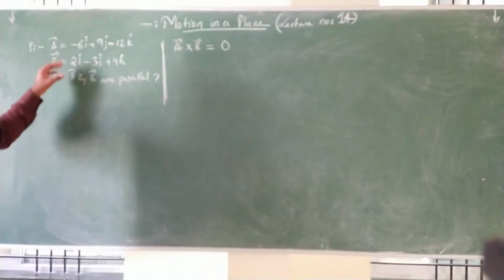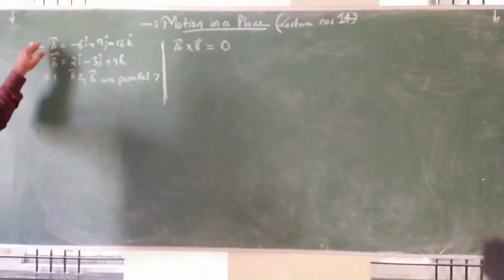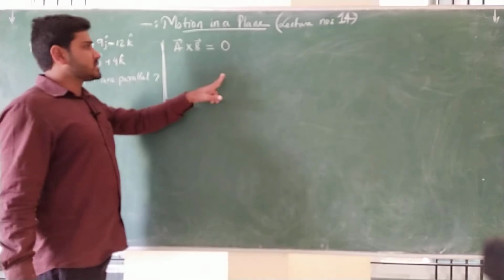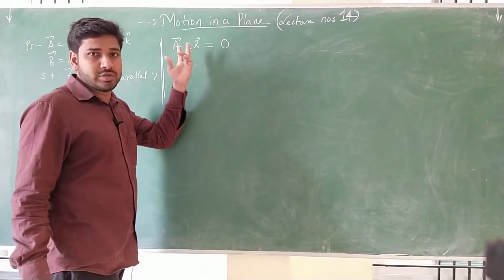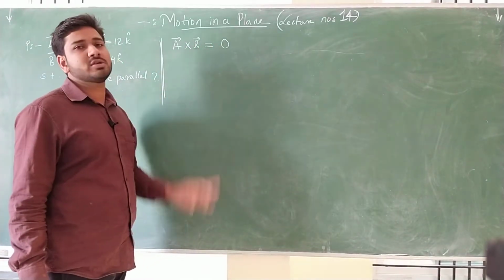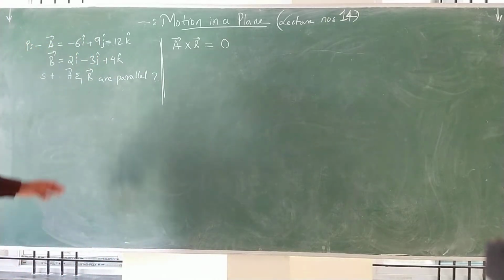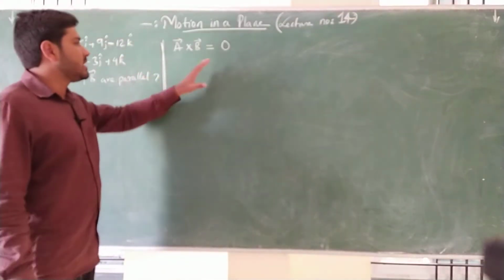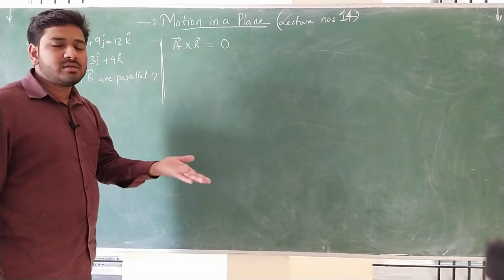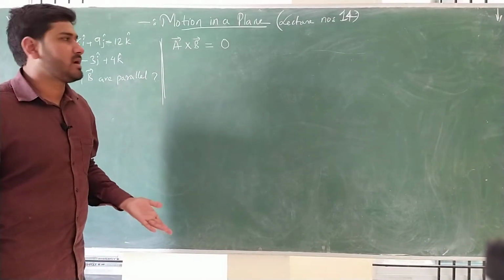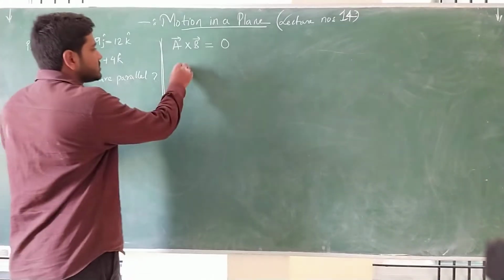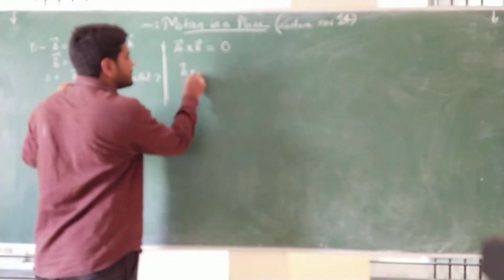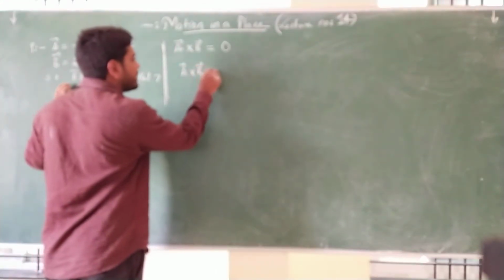Remember? When two vectors are parallel, the cross product is 0. So what we have to do here, just take A and B and take its cross product. If it is 0, they are parallel; if it is not 0, they are not parallel. So A cross B, vector A cross vector B.